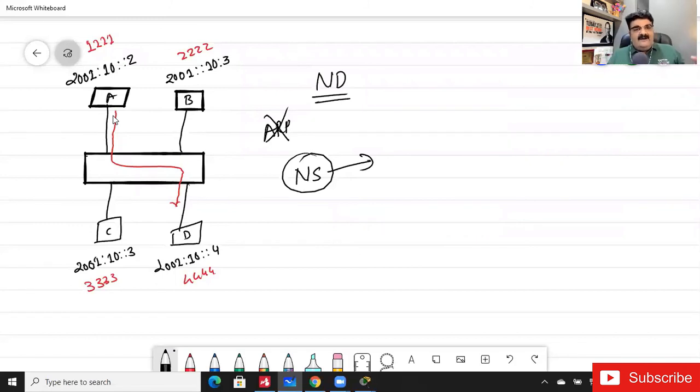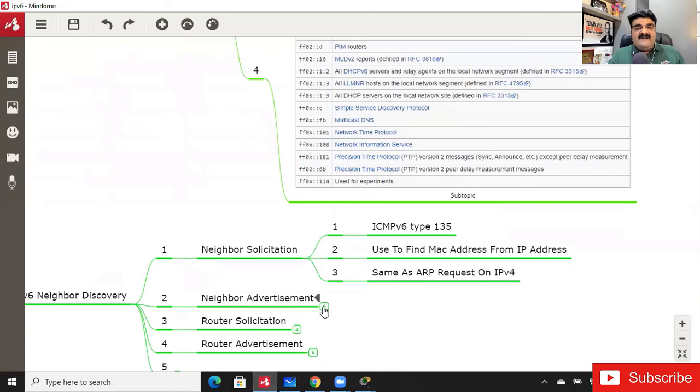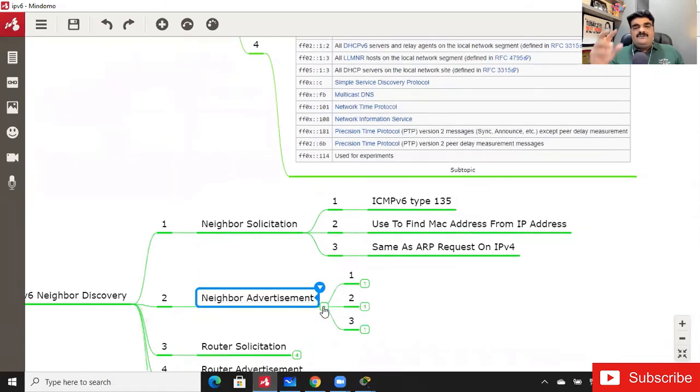All hosts will get this message, and then D will reply with the MAC address. In IP version 4, we called it ARP reply, but in IP version 6 this is known as neighbor advertisement. So when A sends a neighbor solicitation message, D will reply with the neighbor advertisement message.